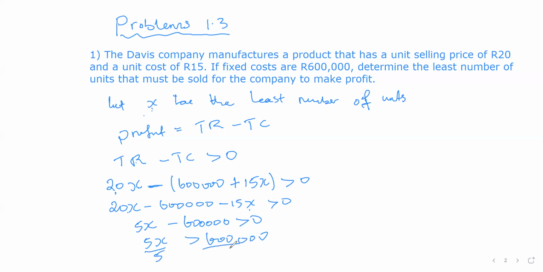Divide both sides by 5. We have that X is greater than 600,000 over 5, which is 12,000.